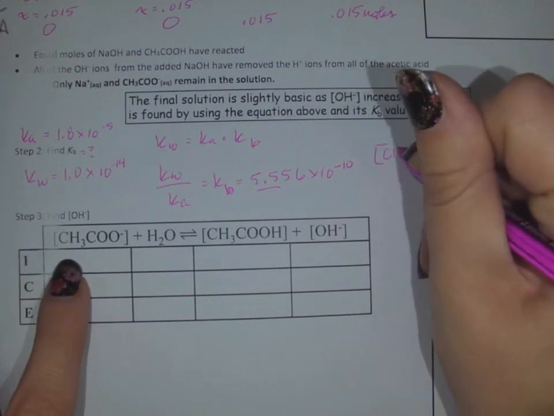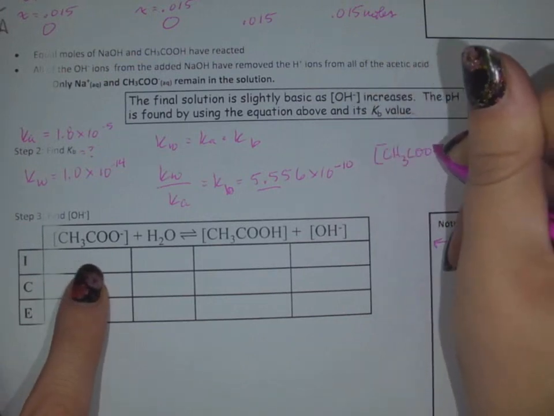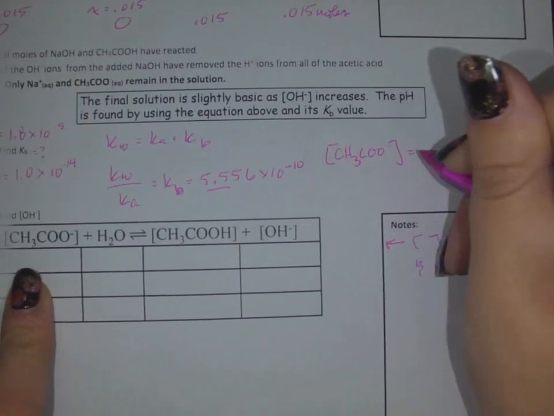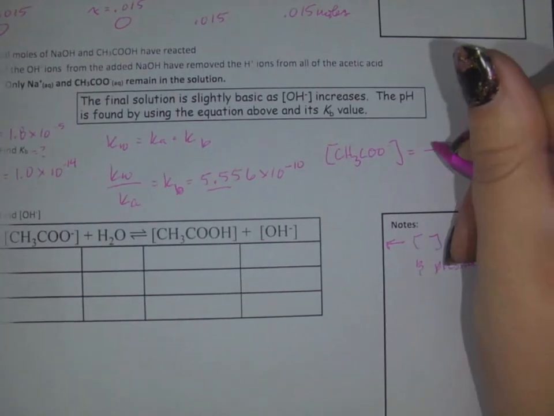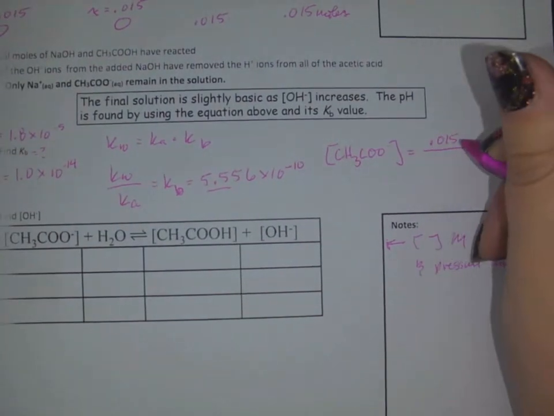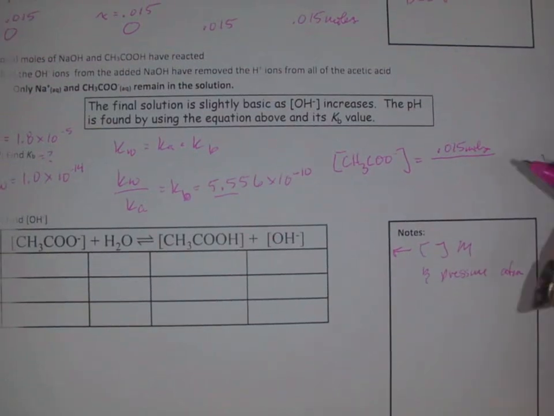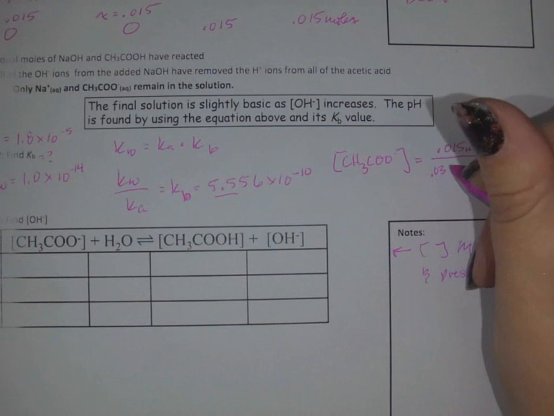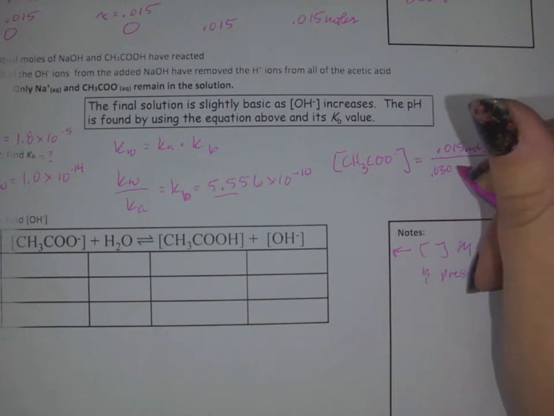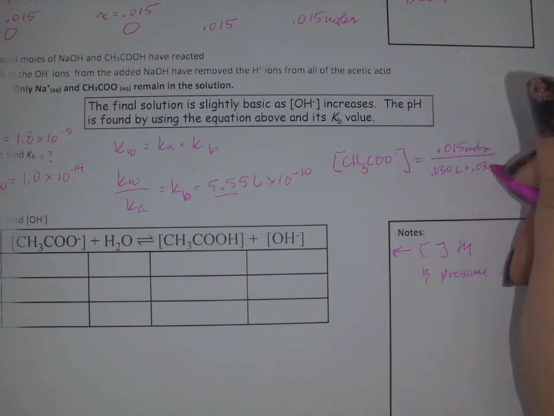initial of this CH3COO minus, that's going to equal the moles of it, 0.015 moles, divided by the additive volume. So our 0.030 liters plus our 0.030 liters.